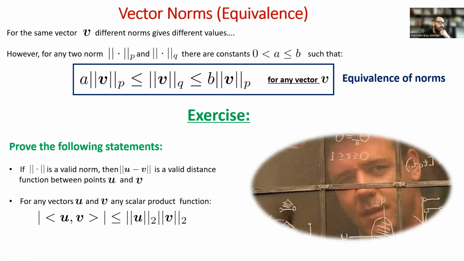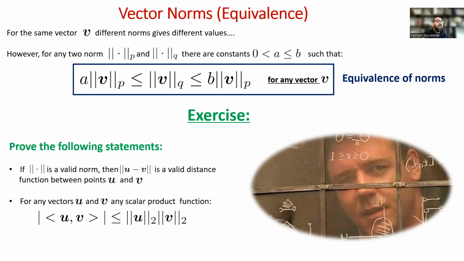Now I will give you an exercise. What I would like you to prove is the following. Imagine that the notation double bar, dot, double bar is a valid norm.